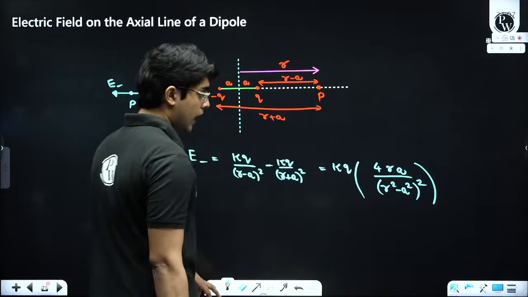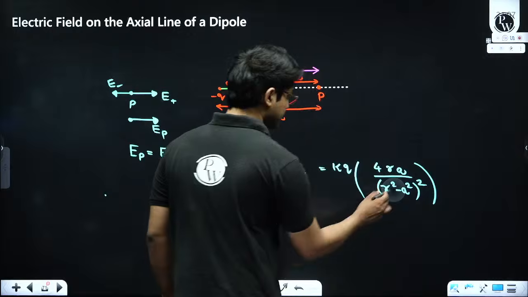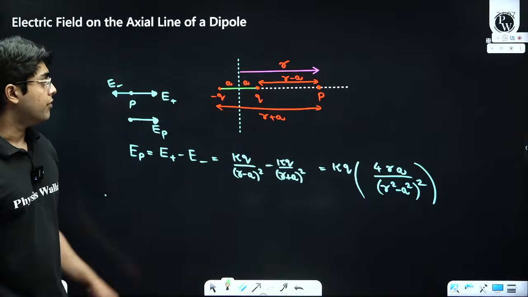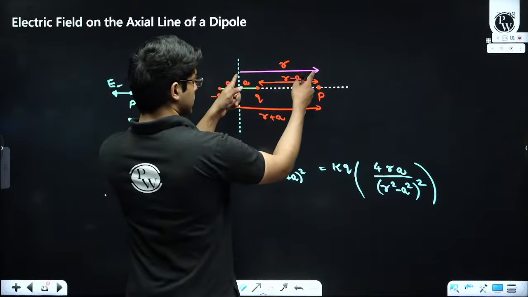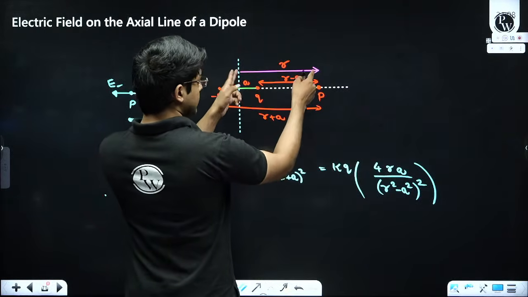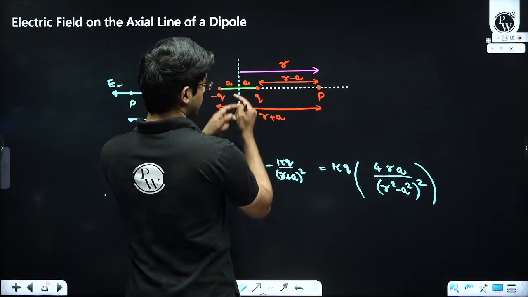So now at this step we are using an approximation. Okay. So whenever we talk about dipoles, there are two distances, right? R and A. This distance R that we are talking about is significantly bigger than A. Okay, always.